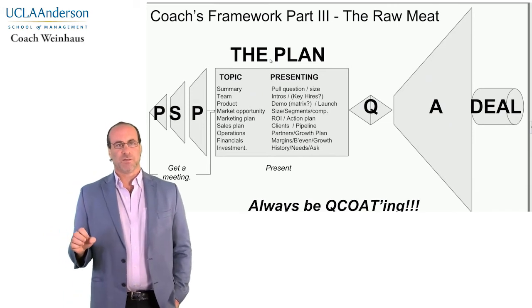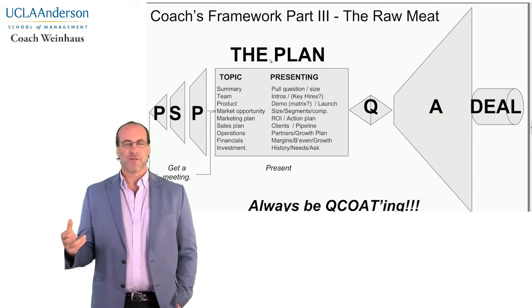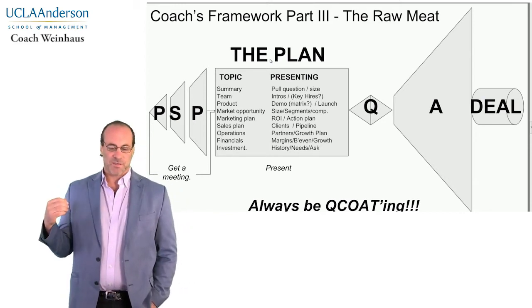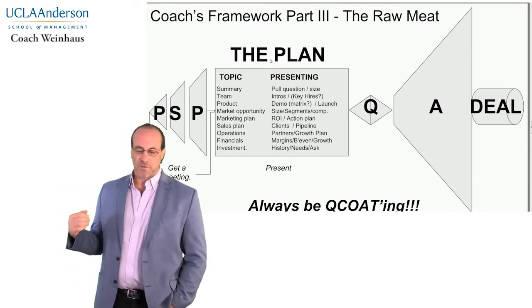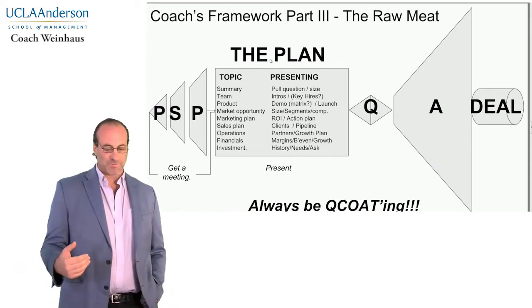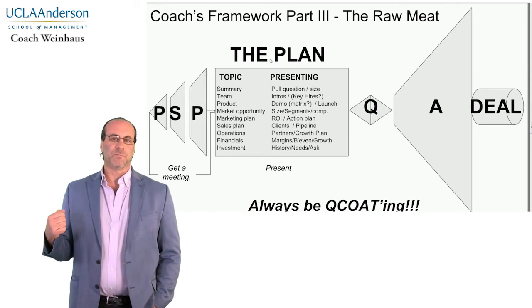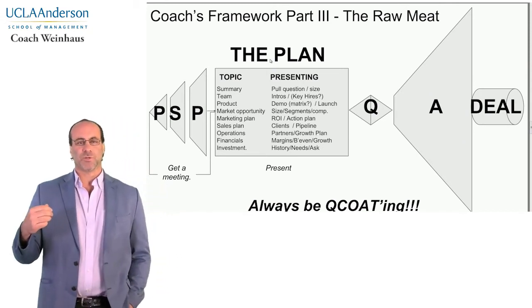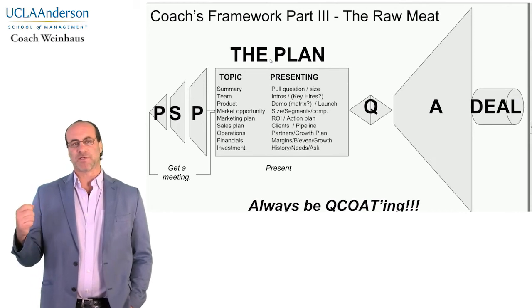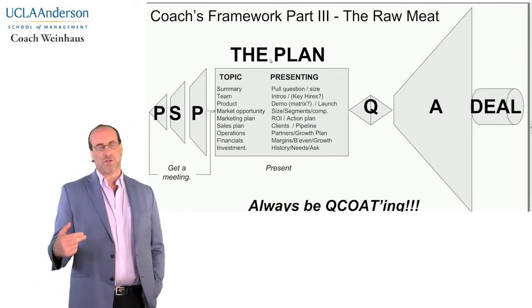We've already talked about how it might work into the second P in the PSP, your paragraph, and that you might bullet point your market size, your sales progress, the key members of your management team, and why it's a good investment.